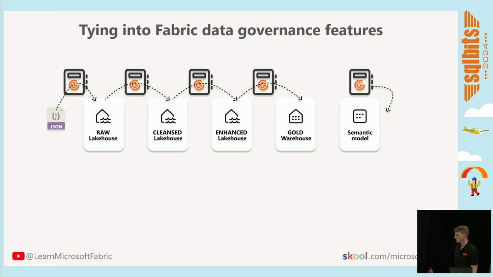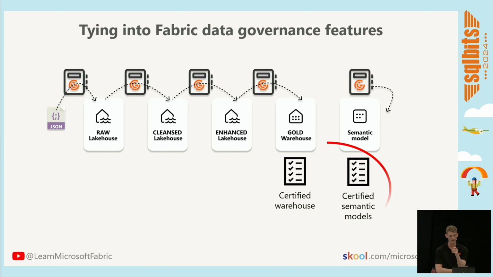So another aspect that we could look at tying into is data governance. Obviously data validation and data quality is very related to data governance, and Fabric has data governance features that we can benefit from. If you think about the gold layer, for example, by the time data reaches there, it's gone through quite a few different checks, so we can be pretty sure that it's of good quality.